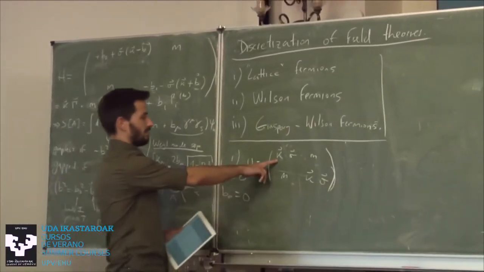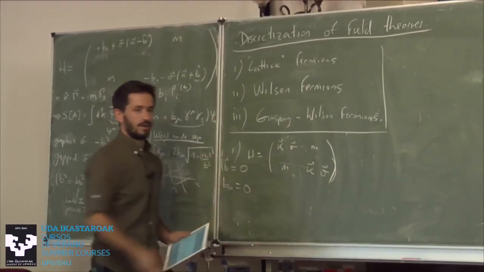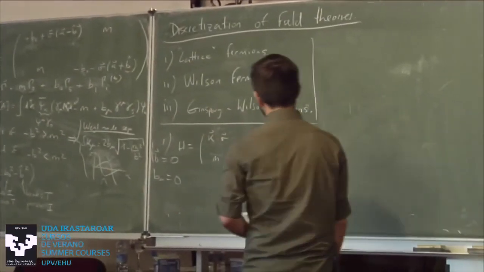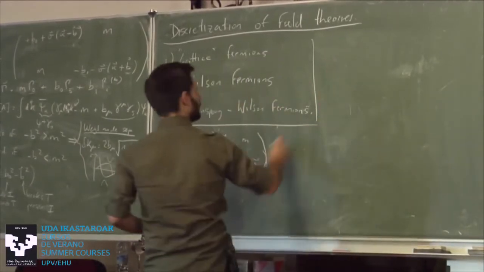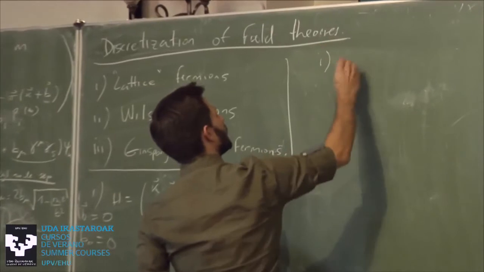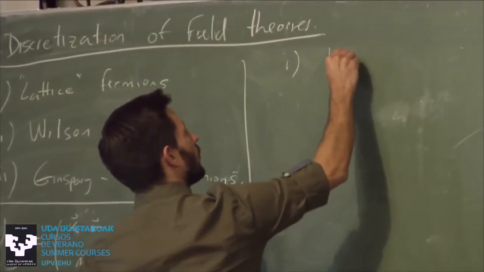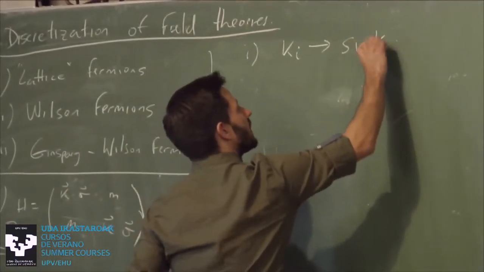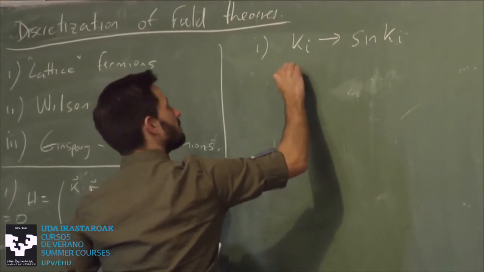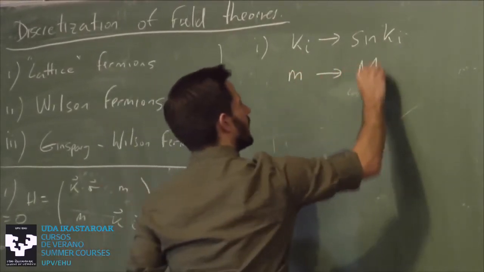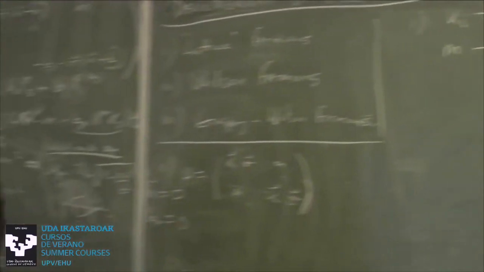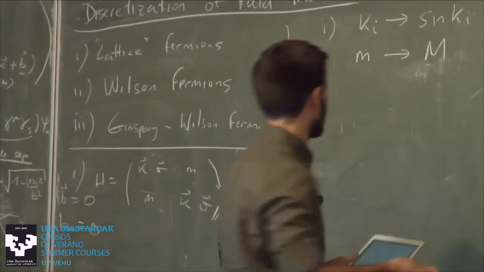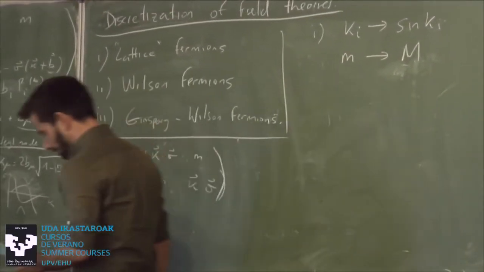And now, if you have a linear dispersion and you want this to happen at low energies, the easiest map you can define is to take your ith component of momentum and change it for a sine. And the mass, let's say we don't really think this is going to cause any problem, so we just call it big M just to change its name, but it's really the same object.